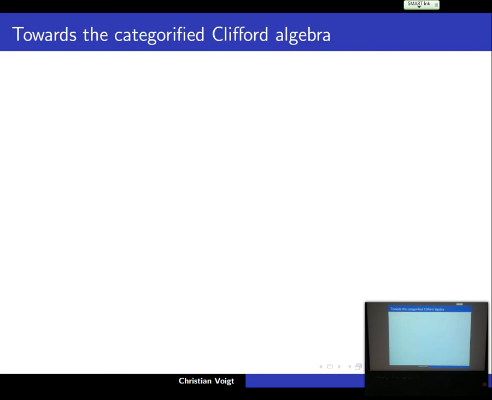Okay, so let's try to get to the real stuff, which is the categorification business. I will tell you quite a few details in a few minutes, but the main question one might ask is, where does this higher categorical structure come from?